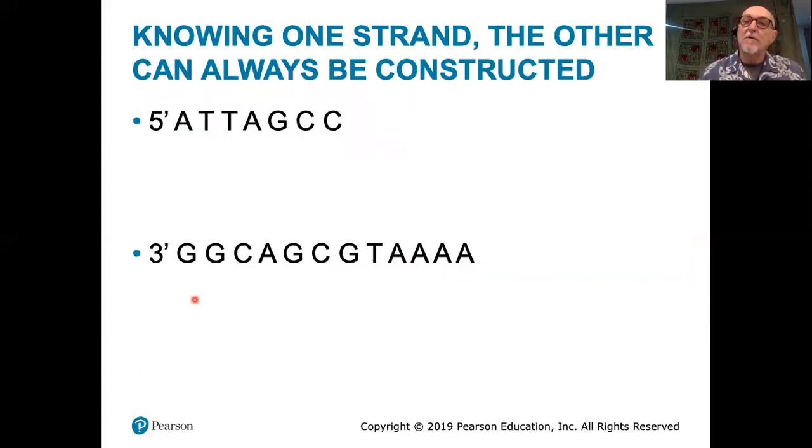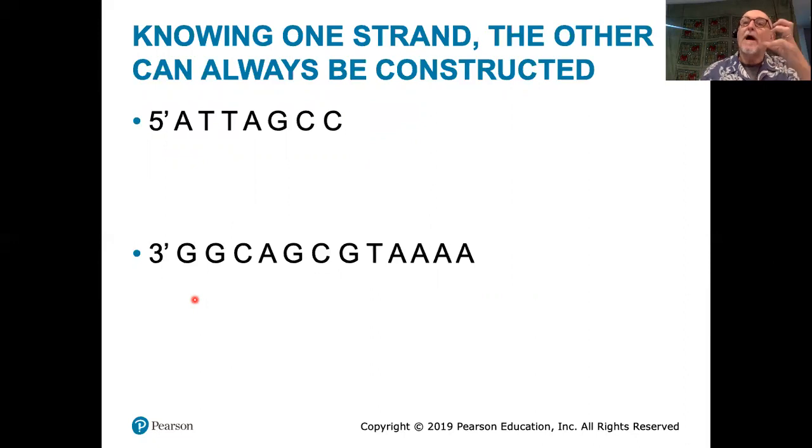All right, so what we said is DNA is two-stranded, right? And when you have A on the one strand, it will always match to T on the other strand. If you have C on the one strand, it will always match to G on the other strand.